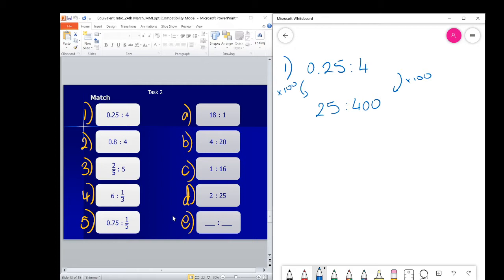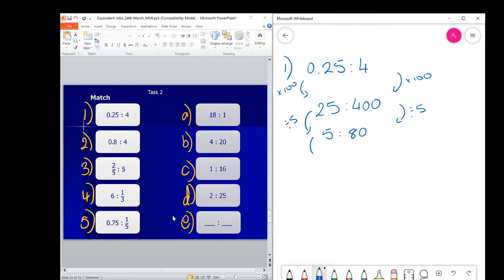Now that is a ratio, but it's not simplified. So I've got to look and go, right, what goes into both 25 and 400? Again, there's quicker routes, but I'm going to take the longest route. They're both multiples of 5, so I'm going to divide both sides by 5. 25 divided by 5 is 5. 400 divided by 5: 40 divided by 5 is 8, no remainders, so 80.